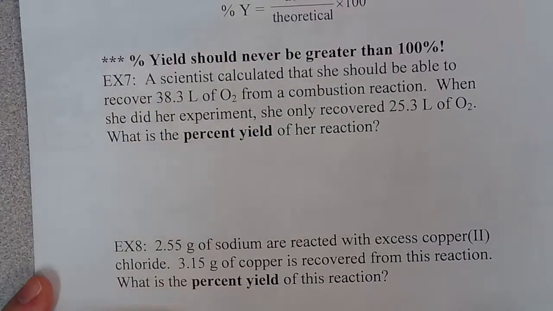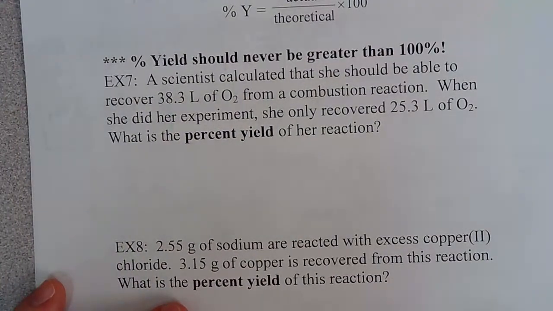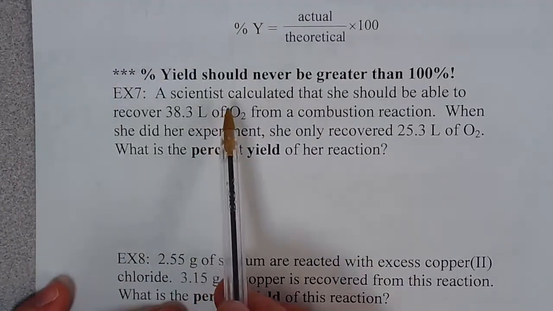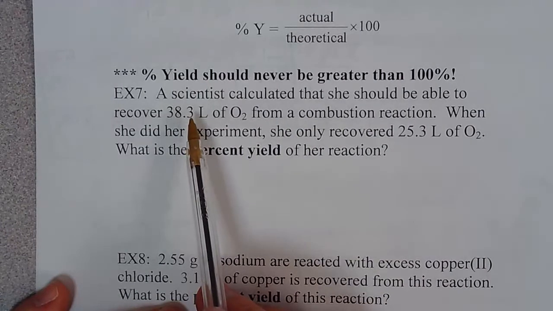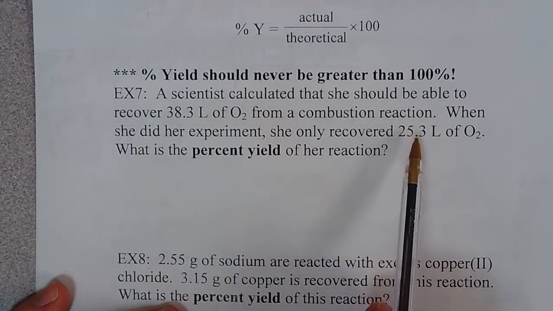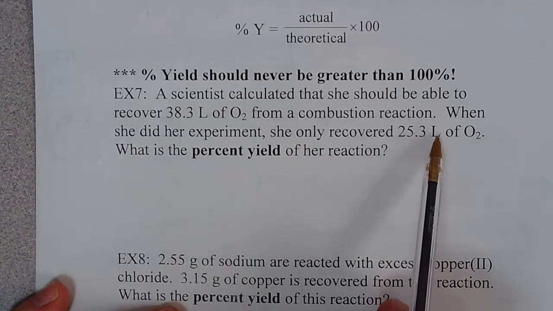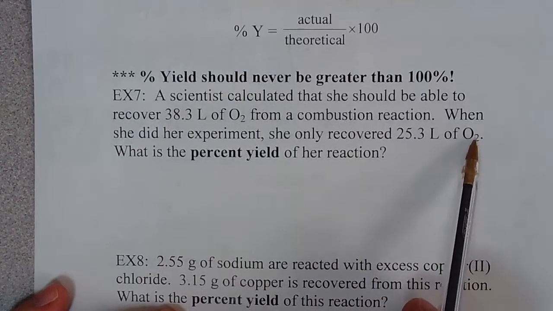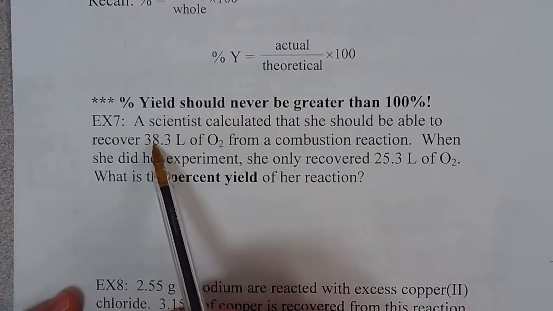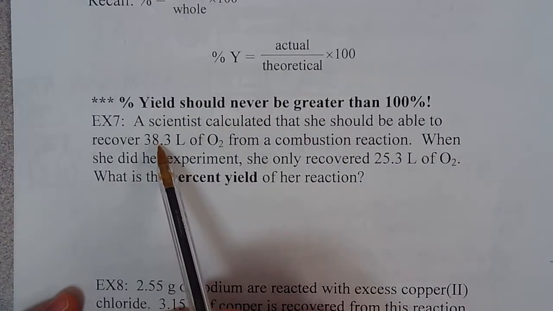The first one is the easy version. They tell us that the scientist calculated that she could recover 38.3 liters of oxygen. Then when she did the experiment, she recovered 25.3 liters of oxygen. That was nice because we didn't have to do the calculation, did we?